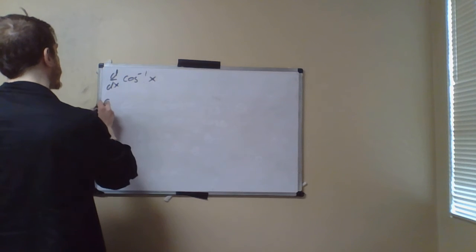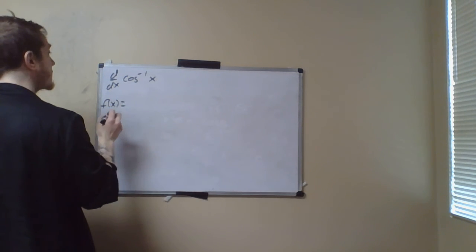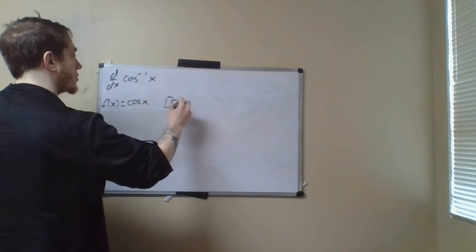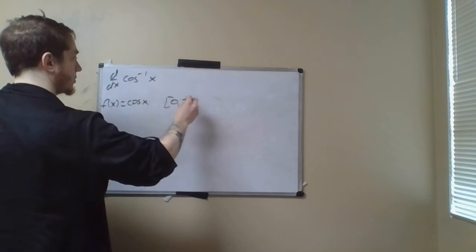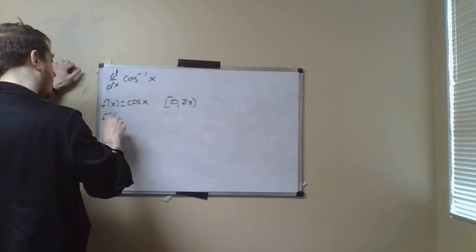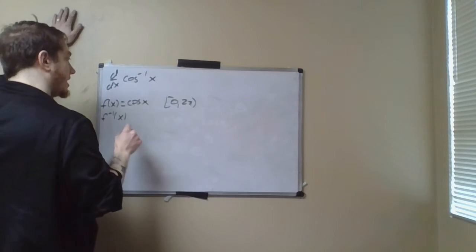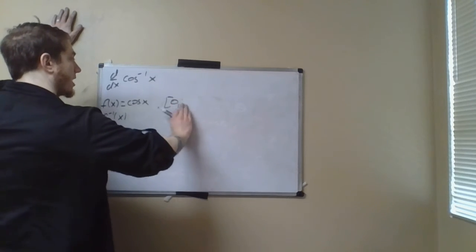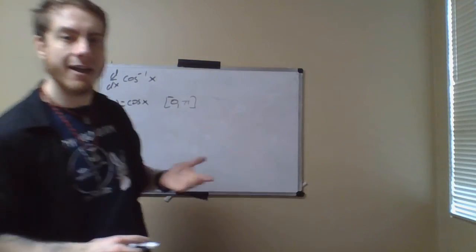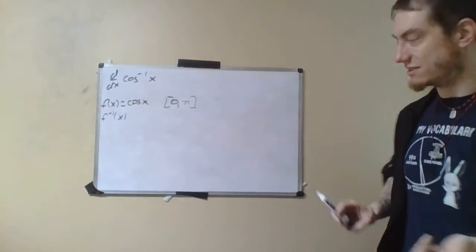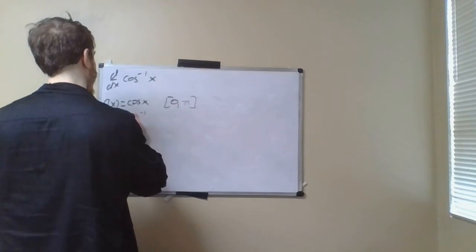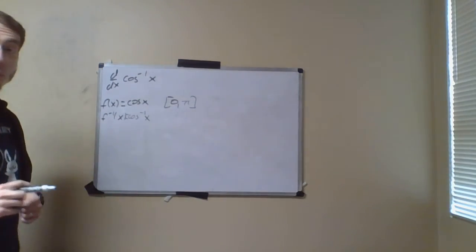And remember that in this case, we're going to say our f of x is equal to cosine of x restricted to 0 up to pi. I threw in a factor of 2 for no good reason there. And our f inverse of x is going to be cosine inverse of x. So see if you can work this out.